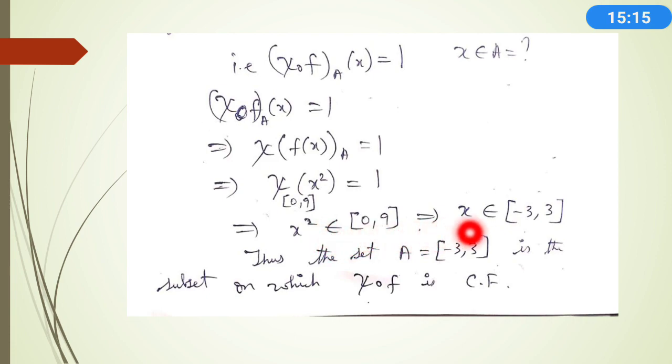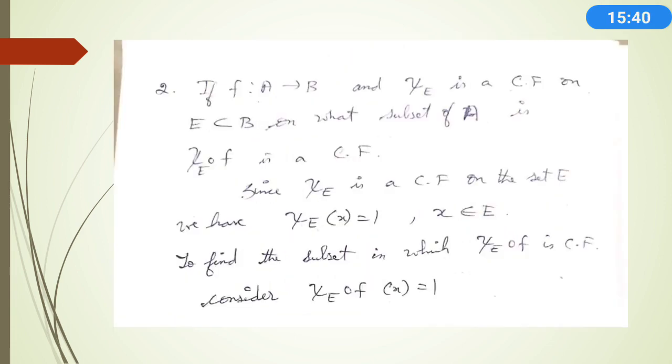Therefore my x will belong to minus 3 to 3. It will take values from minus 3 to 3. It cannot go beyond 3 as well as less than minus 3. And this will be the subset for my characteristic function psi composition f. Hope you understand.